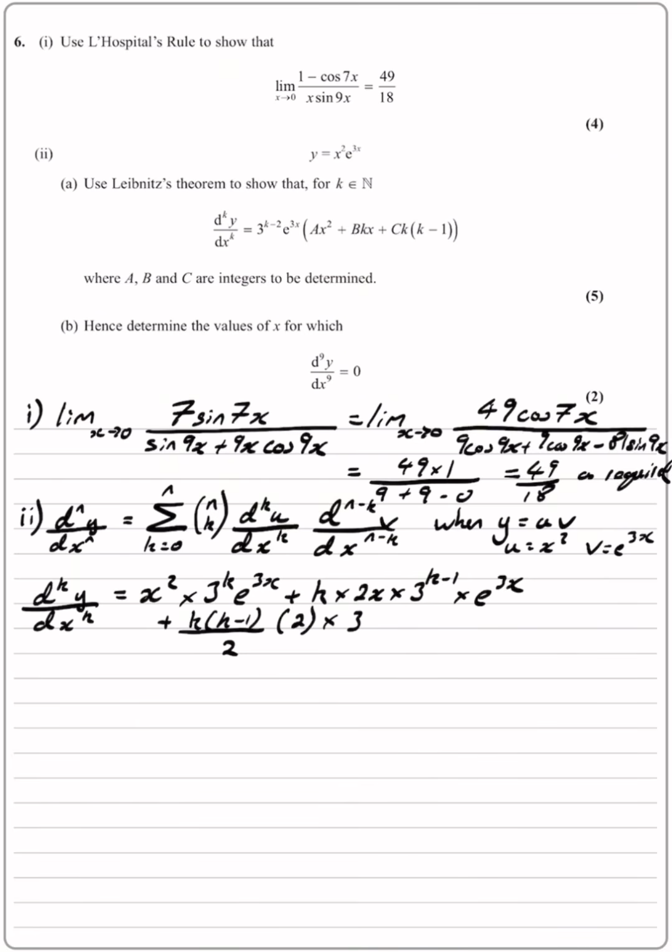When we take our two functions here, we've got an x squared and an e to the 3x. Well, differentiating the x squared twice will get us down to 2, and then it will disappear. So everything else will have a 0 in. So we only need to consider the x squared, the 2x, and the 2 as the 3 different parts.